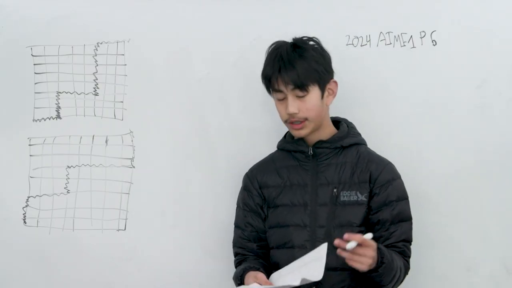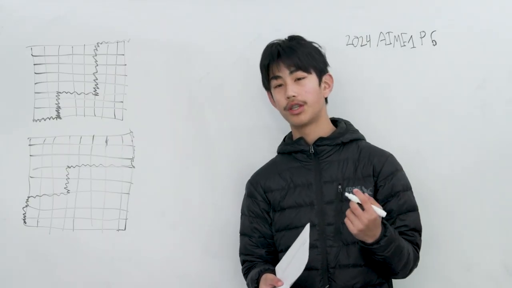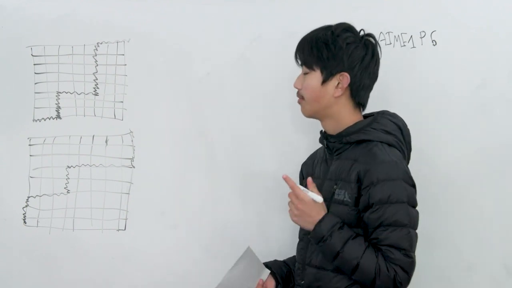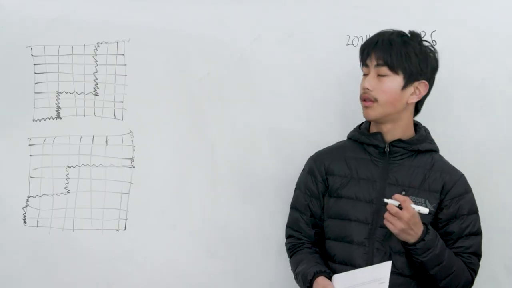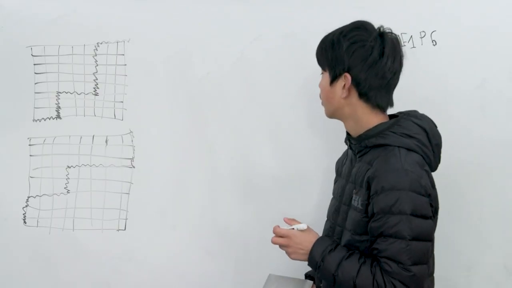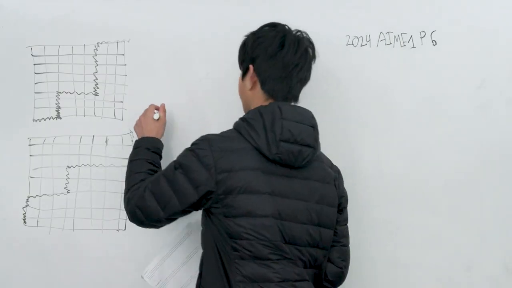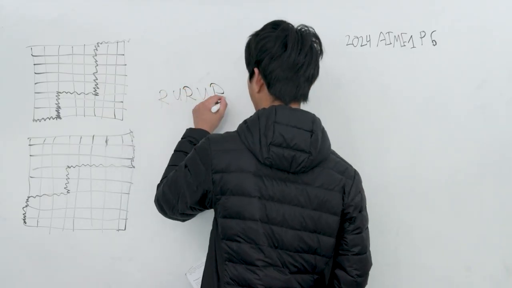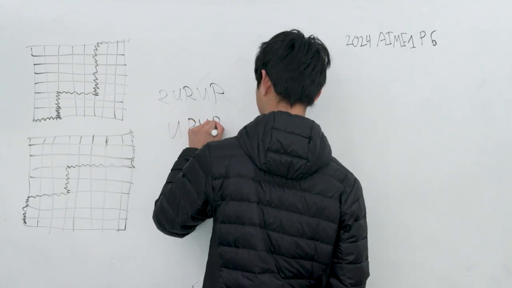So, for this problem, we can split the movements into movements where the path is going right, and movements where the path is going up. Then we have only 2 possible basic configurations: right, up, right, or up, right, up.